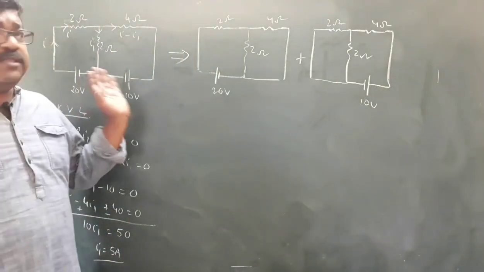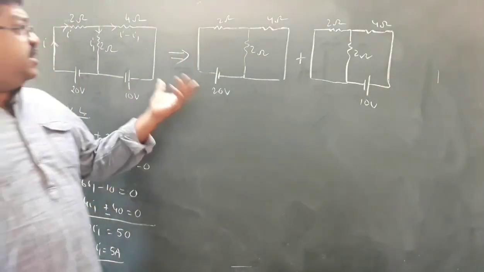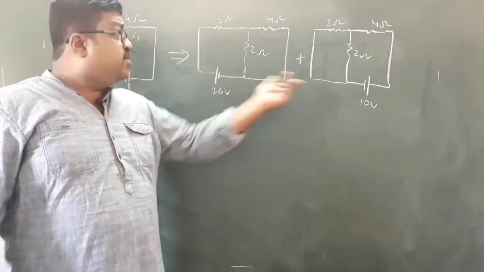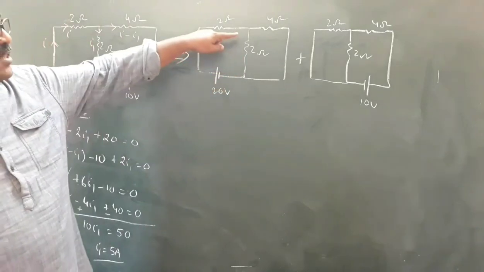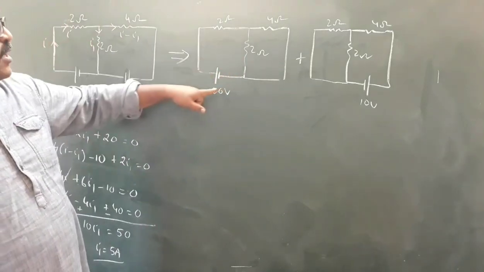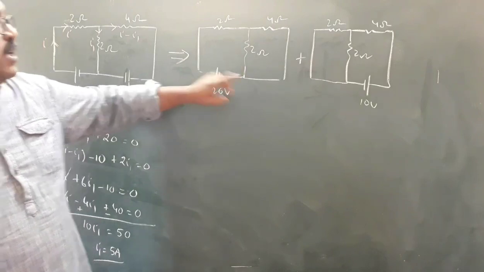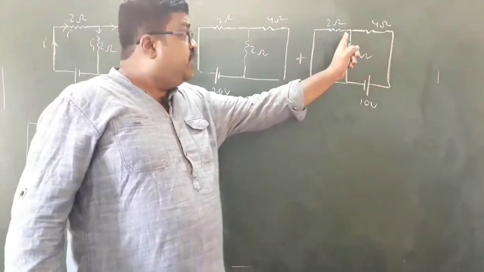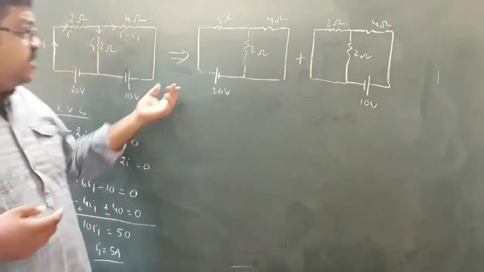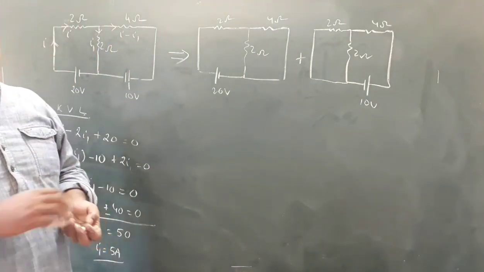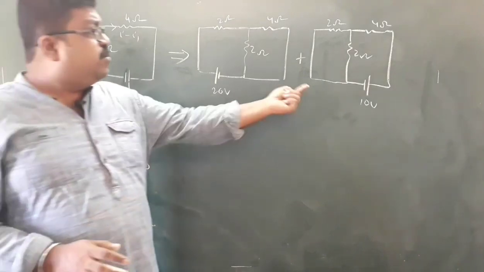So now see, this is called the principle of superposition. That is, this circuit is a superposition of these two circuits. That is the current flowing through this 2 ohm. The 20 volt potential is sending a current through this 2 ohm, and this 10 volt potential is also sending current through 2 ohm. So the current that is sent by each cell is independent of the presence of the other cell. So this is the principle of superposition.